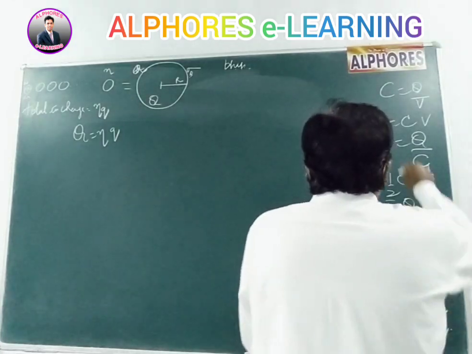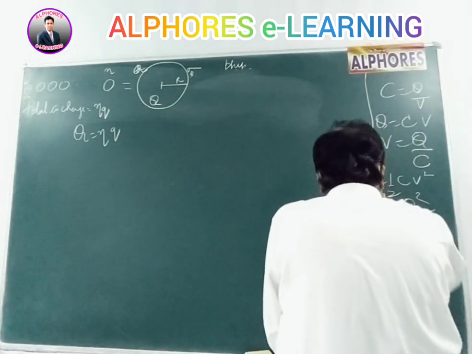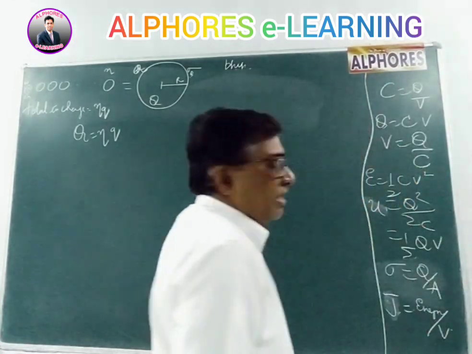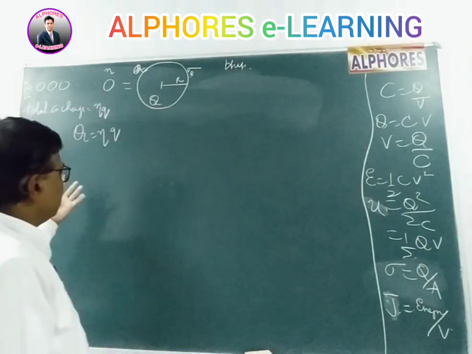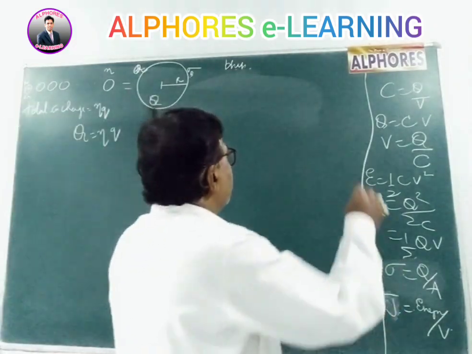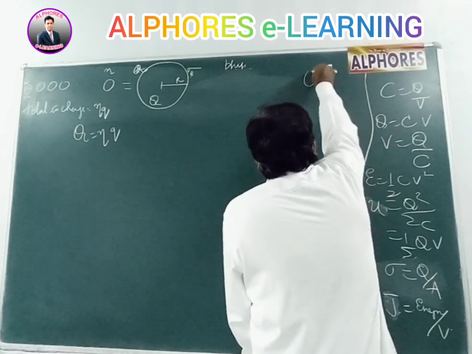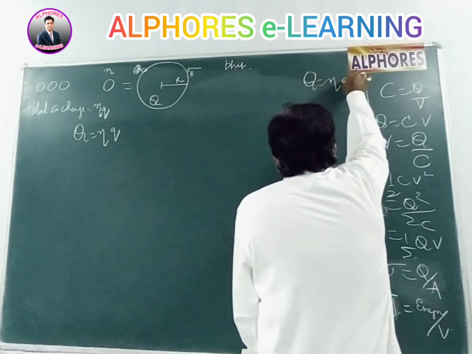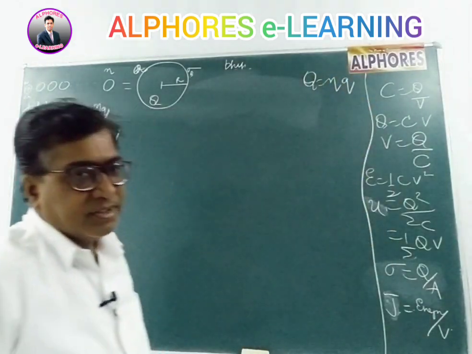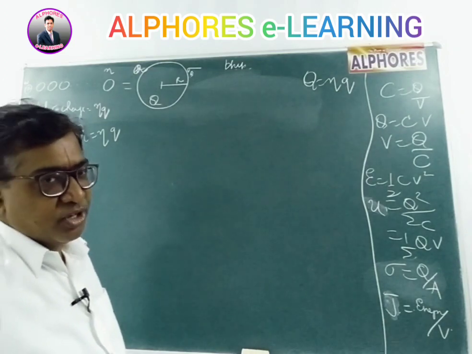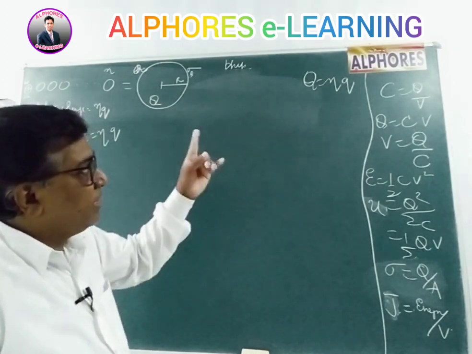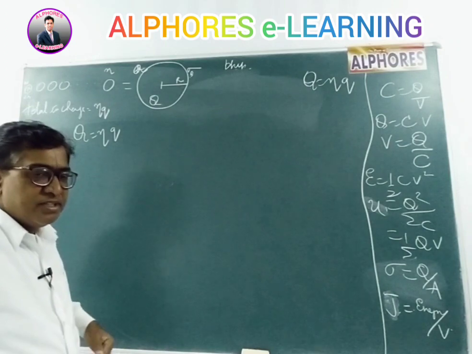So let me write down all those things that we derived, the basic formula. With respect to the charge, the charge of the big drop is n times the charge of the small drop. Capital Q is n times small q. The charge of the bigger one is n times the charge of the smaller one.